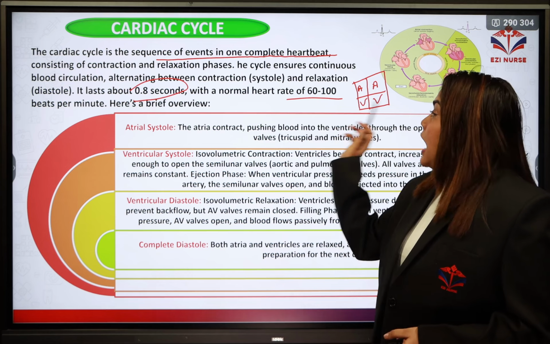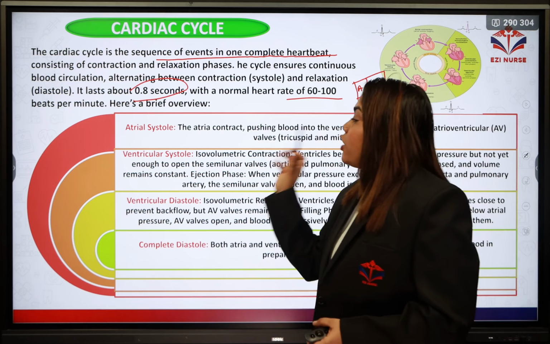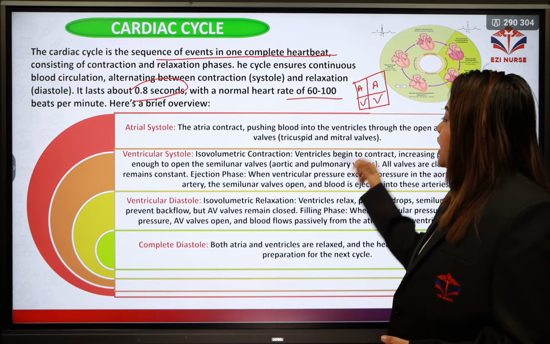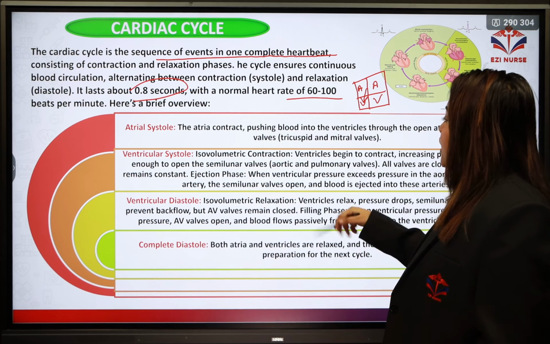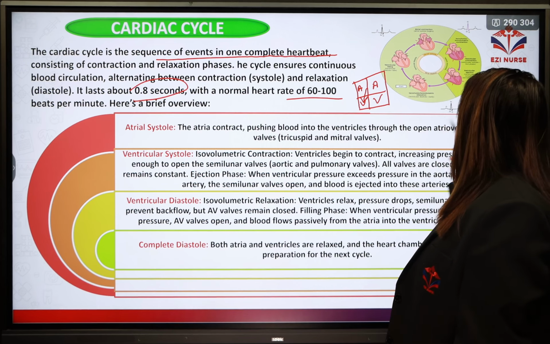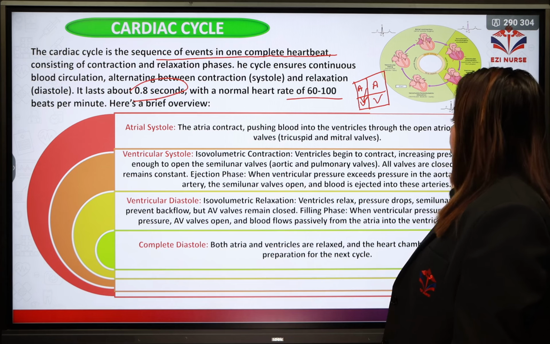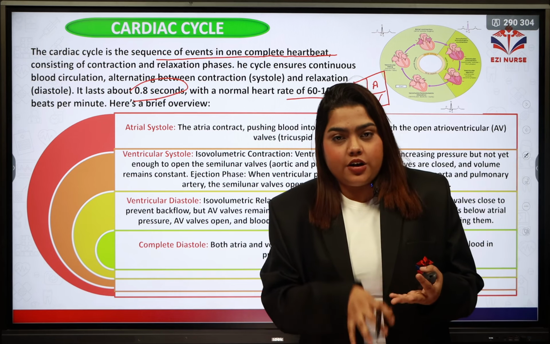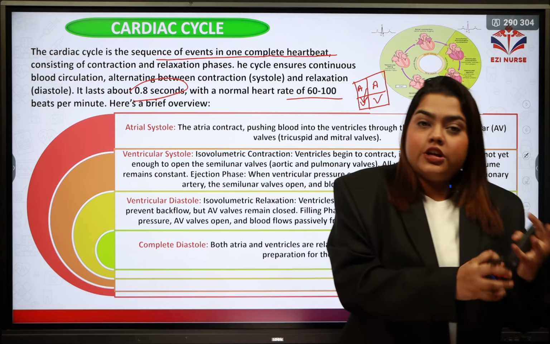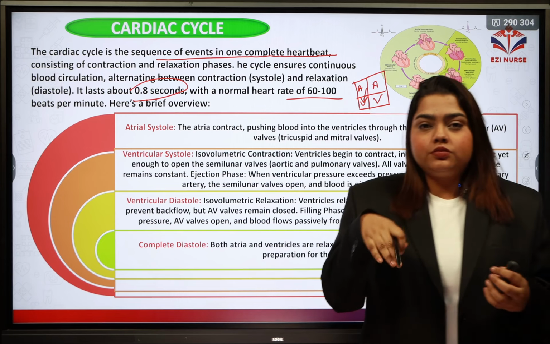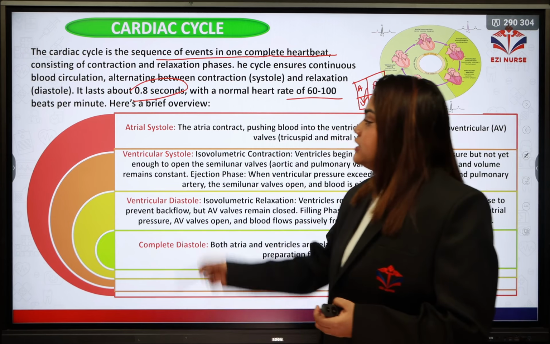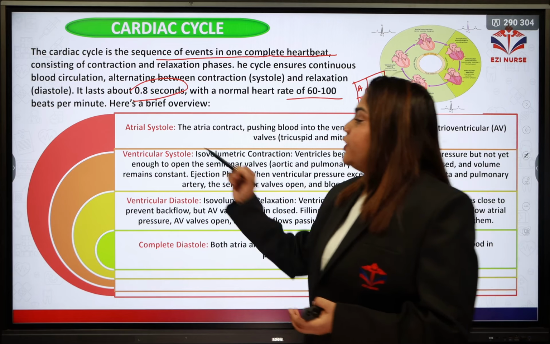In atrial systole, the atria contract and push the blood into the ventricles through the open atrioventricular valves. That is atrial systole.